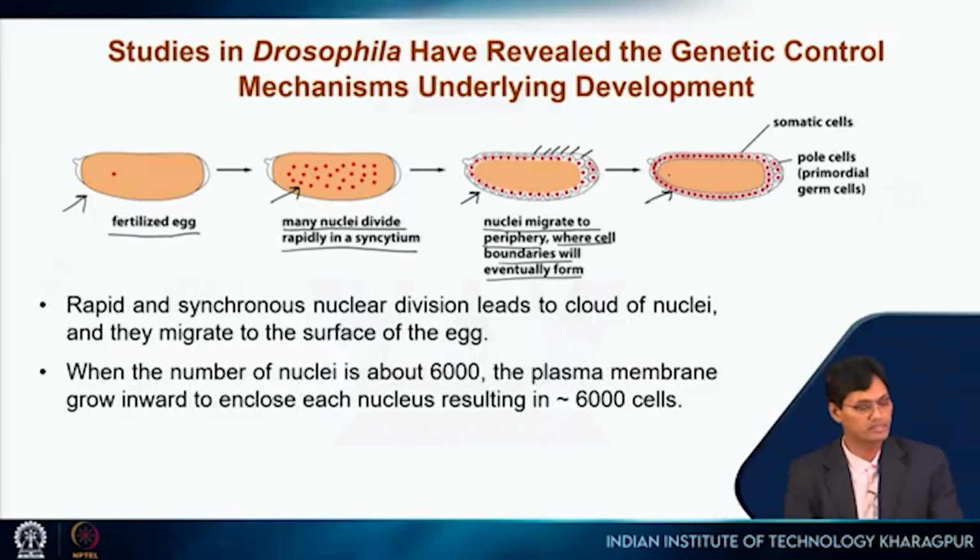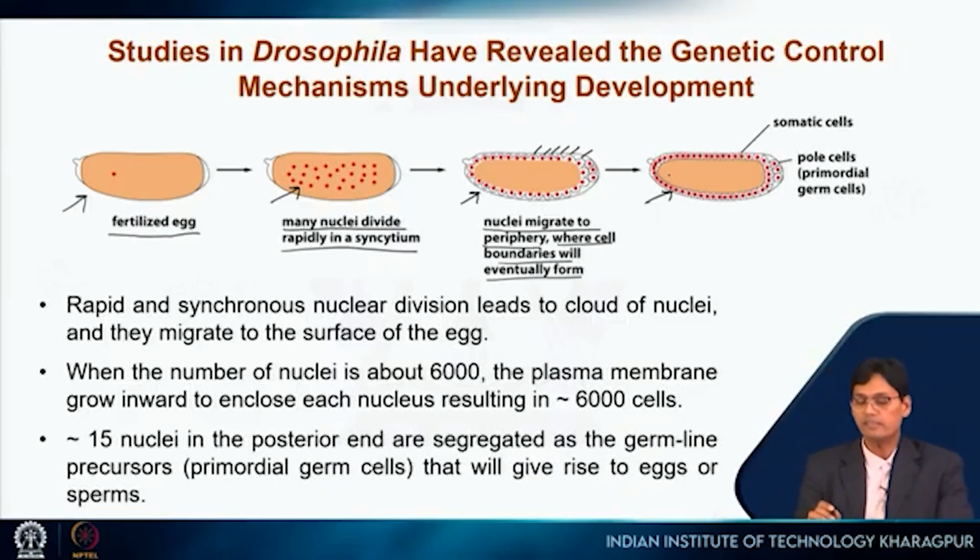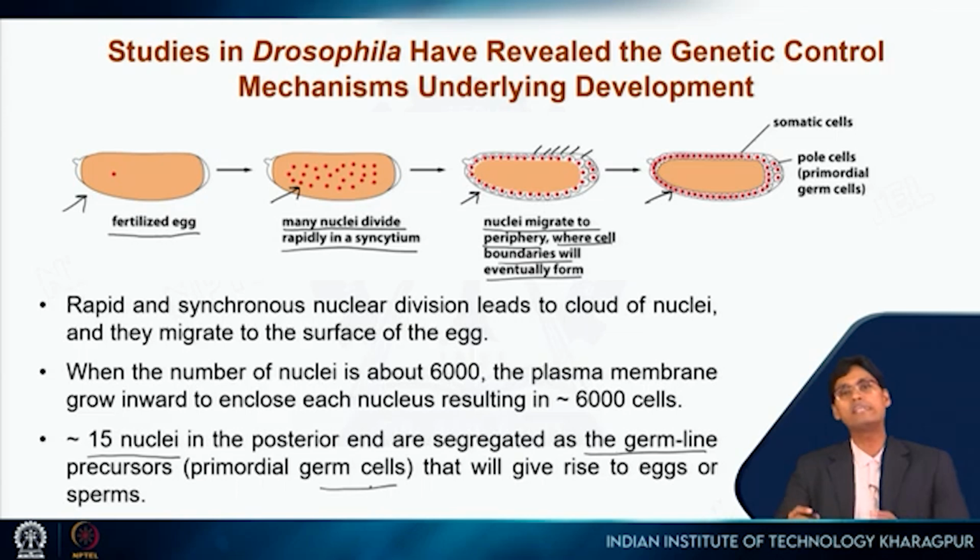And another important thing, at the one end, in the posterior end, you will get approximately 15 nuclei, and they will finally form the germline precursor, the germ cells they will make in future. So this is the beginning of Drosophila embryo development.